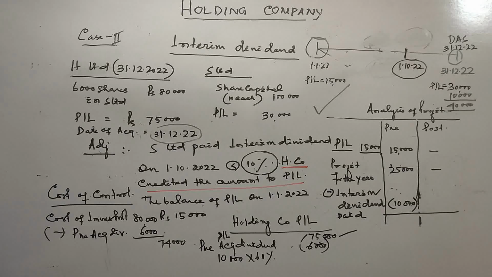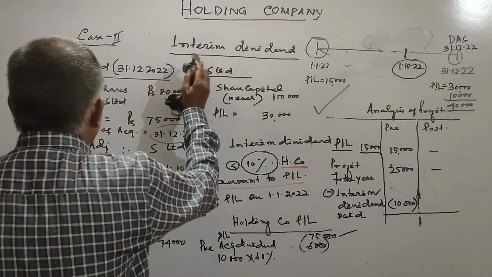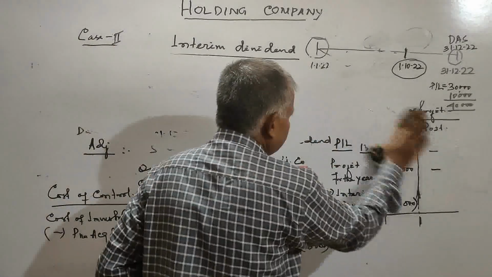So this is important. Then the last one is proposed dividend, that is case 3.